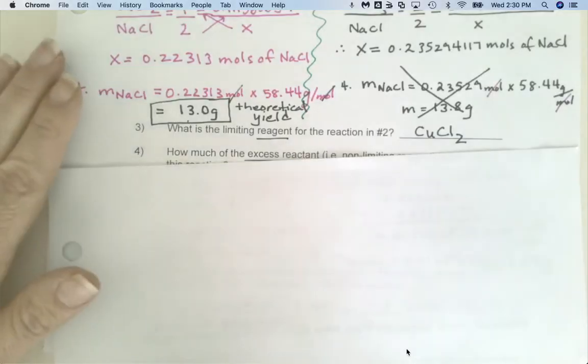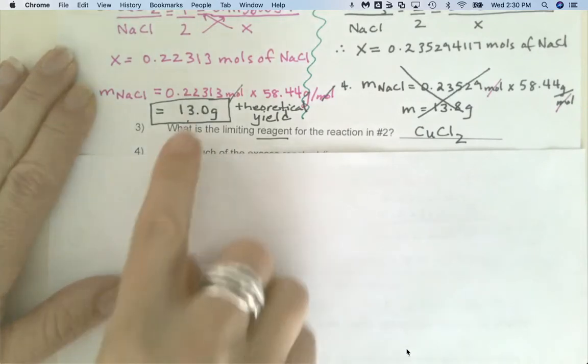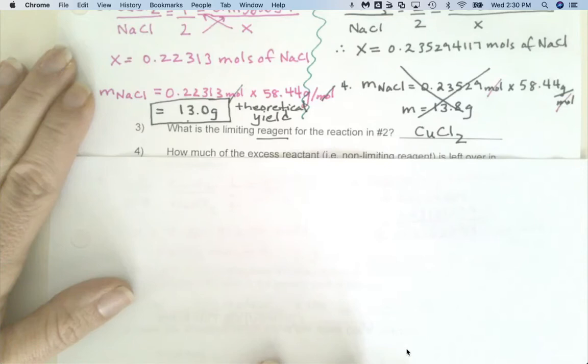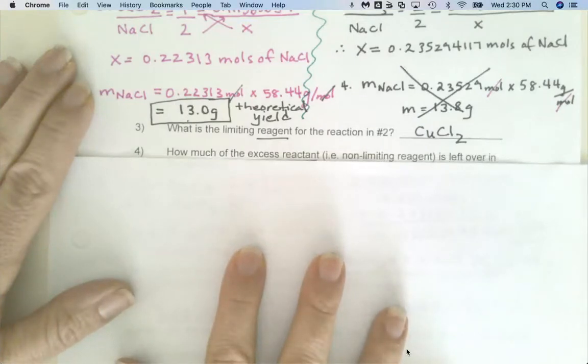Now that we've established which of our reactants is the limiting reactant and our theoretical yield, let's talk about how to determine how much of the excess reactant you have left over. This is really a 3-step process. The first thing that you want to do is figure out how much of the excess reactant actually reacted.